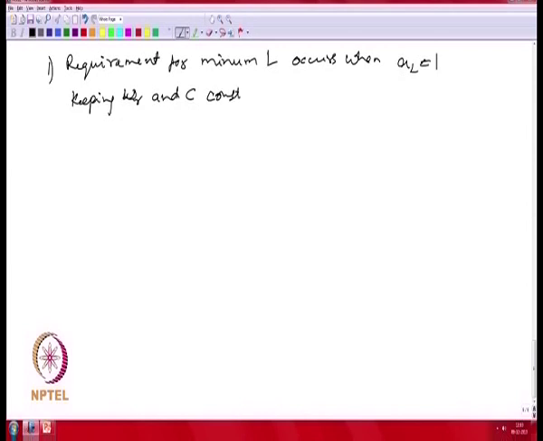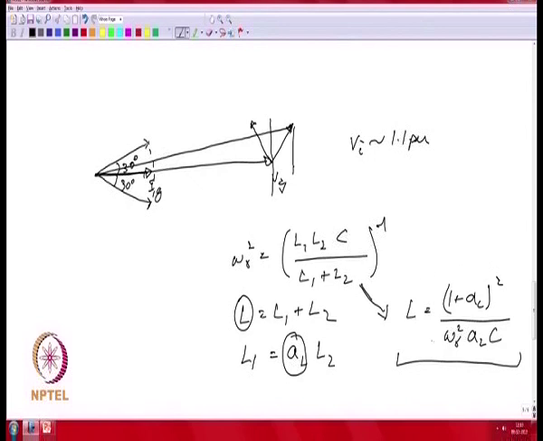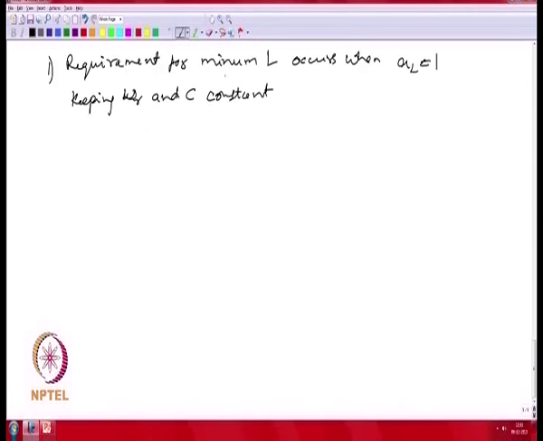So if you take the previous expression and differentiate L with respect to AL, you could equate it to 0 at either the minimum or the maximum, take the second derivative to see whether it's the minimum or the maximum, and look at the relationship which you could get. You would see that the requirement for minimum L occurs when AL is equal to 1, keeping omega r and C constant.